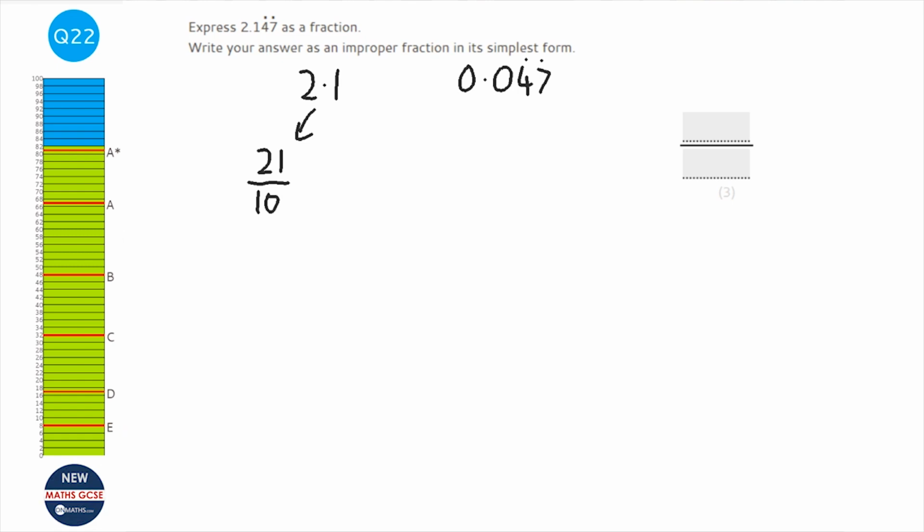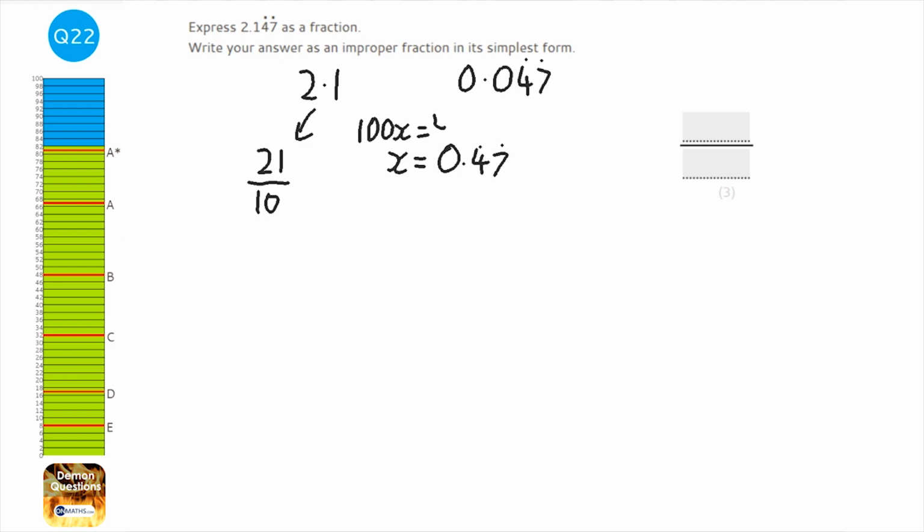Now, the way I do this recurring one is I just think, okay, so what's 0.47 recurring as a fraction? So if I call that x, then to bring the numbers in front, I'm just going to delete that arrow, so normally do this on top. I think, right, what's 100x?